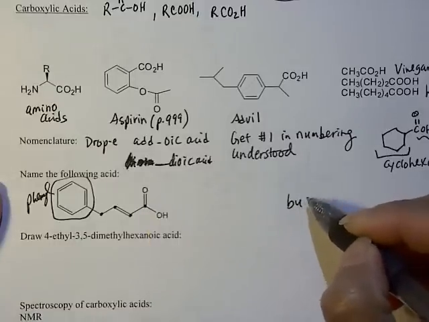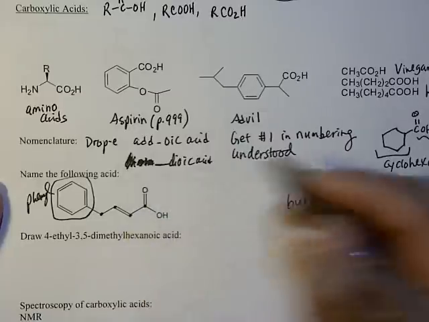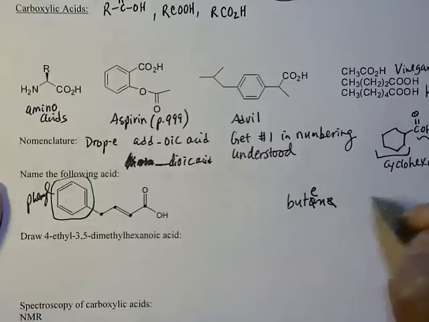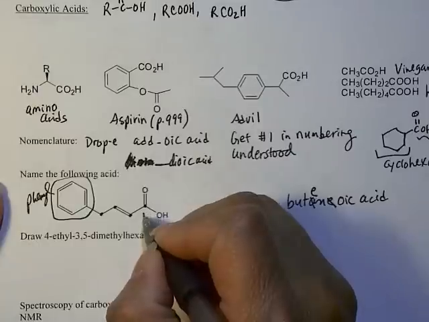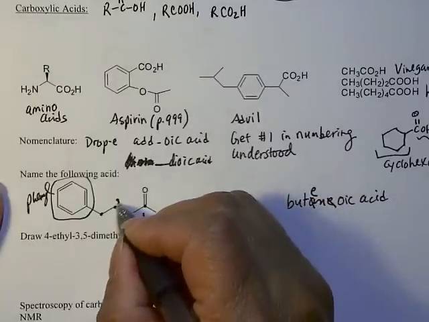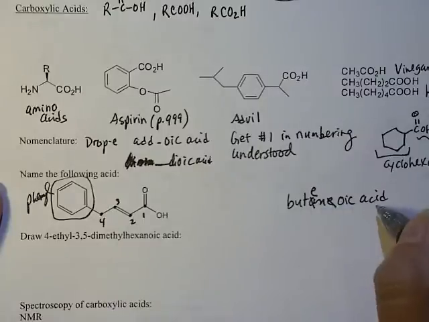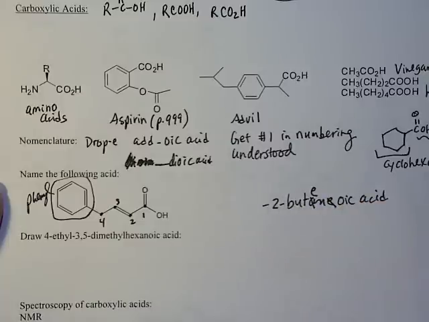It would have been butane, but there's a double bond here, so it's butene, and then you drop the E and put oic acid, so it's butenoic acid, and you number from here 1, 2, 3, 4. Once again, you don't have to say where the oic acid is. It's understood to be 1, but you do have to say where the double bond is. So it will be 2-butenoic acid.